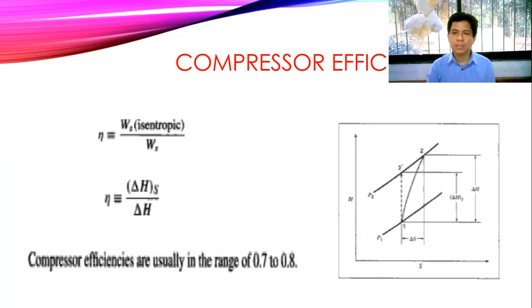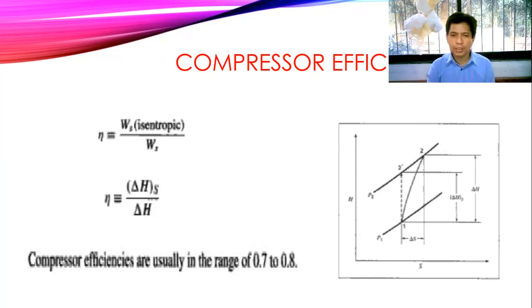So yung efficiency equation natin is Ws isentropic divided by the actual, or Ws ideal divided by the actual. Compressor efficiencies are usually in the range of 0.7 to 0.8, kamukha din sa turbine. Ganun din sa Aspen HYSYS, ang default value niyan ay 0.75.